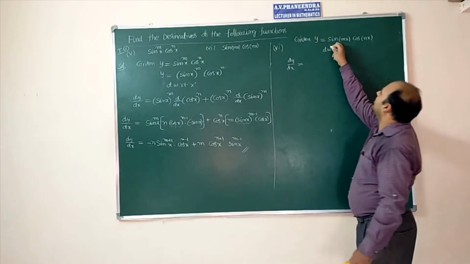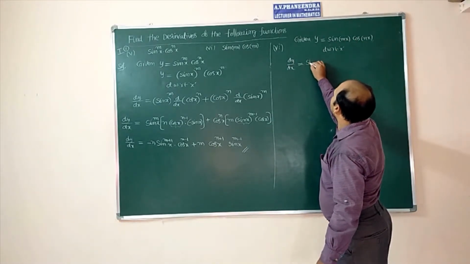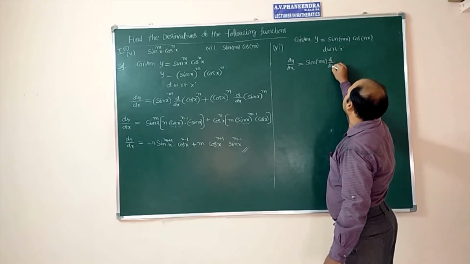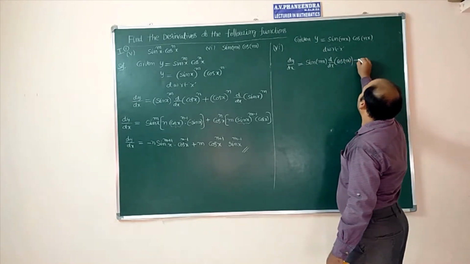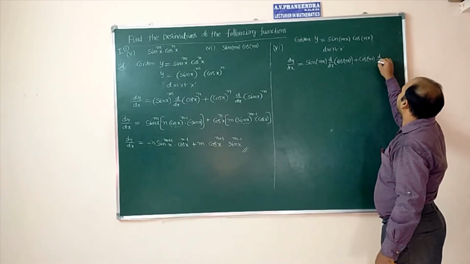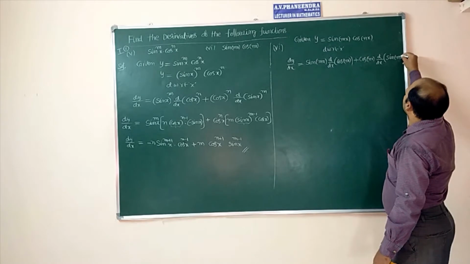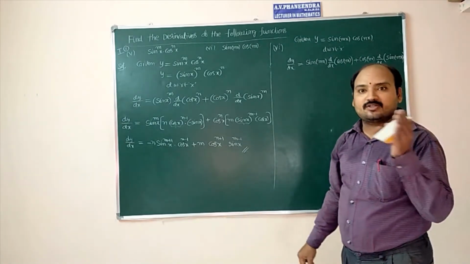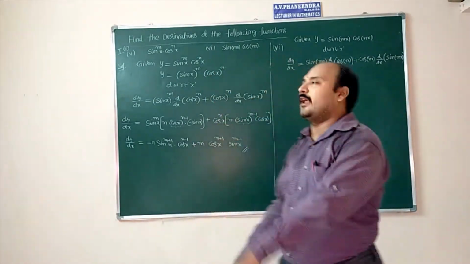Here also we are going to apply the u into v formula. u, that is sin mx, into dy by dx of cos nx, plus cos nx into d by dx of sin mx. We know that d by dx of sin ax is a cos ax, and d by dx of cos ax is minus a sin ax.